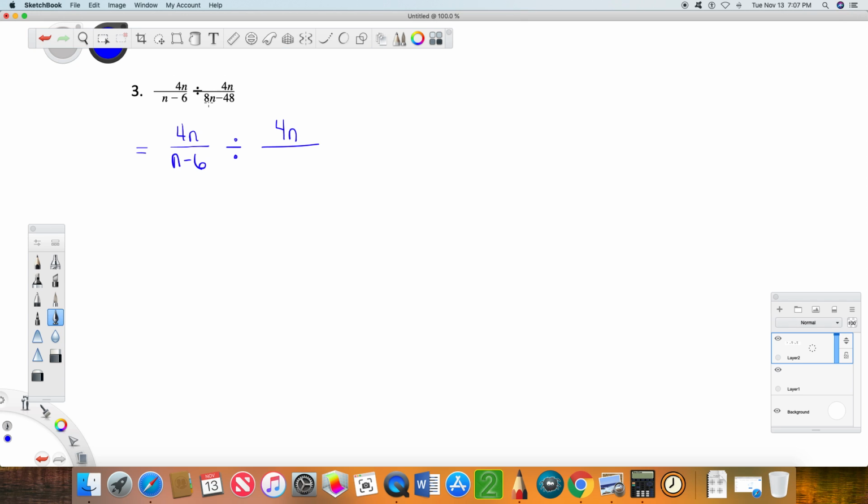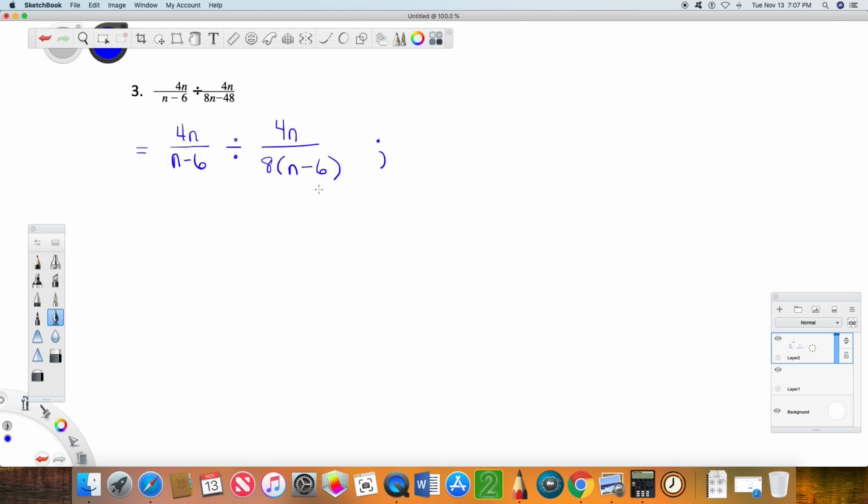Well, there's a common factor of 8 in both terms, so I'm going to factor out that common 8. And 8 times 6 is 48, so what I would have left is 6. All right. So in factored form here, it's pretty easy to see what my restrictions are, or at least my first pass at finding the restrictions.